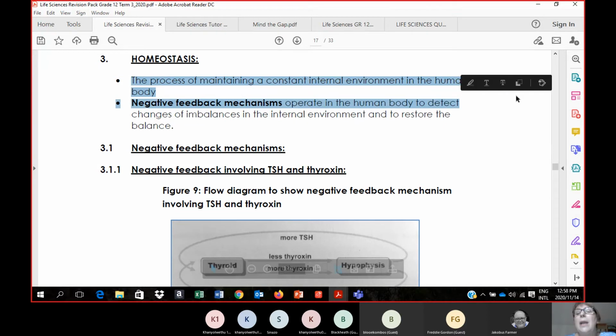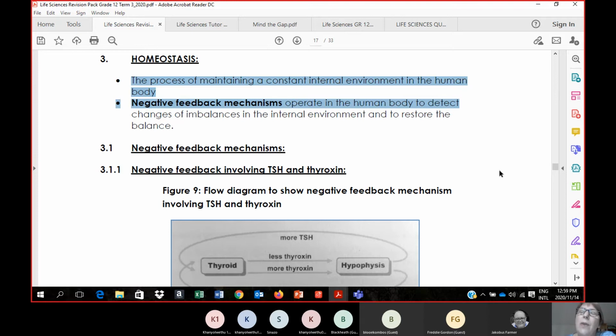Okay, so in your body, for example, your temperature needs to stay constant. So your temperature needs to stay at about 37 degrees Celsius, because if the temperature rises too much, it can affect the functioning of the enzymes, and that obviously will have an impact on the functioning of various organs and systems in your body.